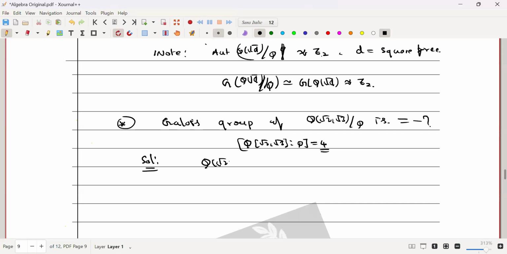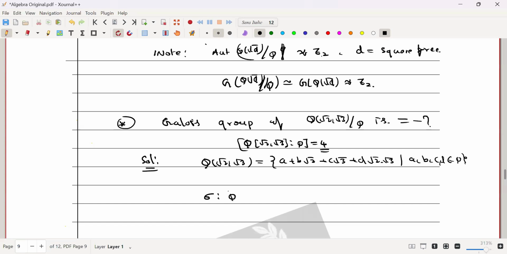Q(root 2, root 3) consists of elements a plus b root 2 plus c root 3 plus d root 2 root 3, such that a, b, c, d belong to Q. Now we define sigma.